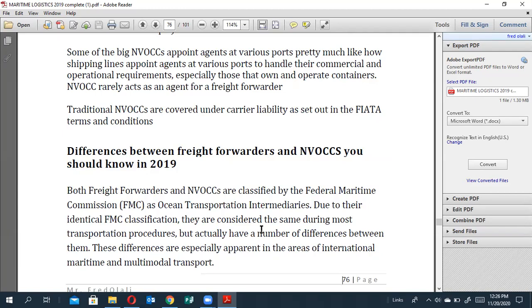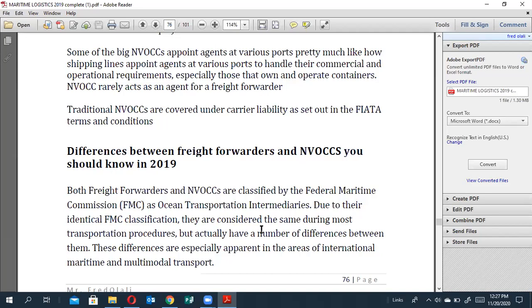Now, what is the distinct feature between a freight forwarder and an NVOCC, as per last year, that is 2019? Both freight forwarders and NVOCCs are classified by the Federal Maritime Commission as ocean transportation intermediaries.